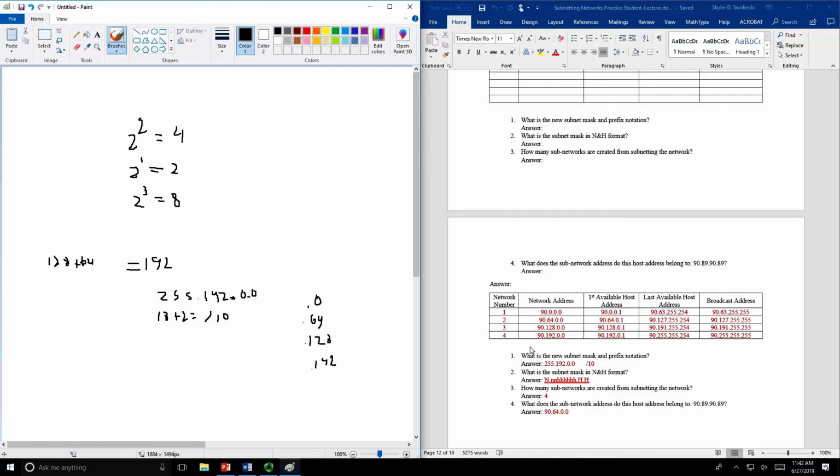We subtracted 1 from the broadcast address to get 254. And that is the IP table. The second quadrant is always incremented by 64. The last 2 quadrants in each of the columns are the same.